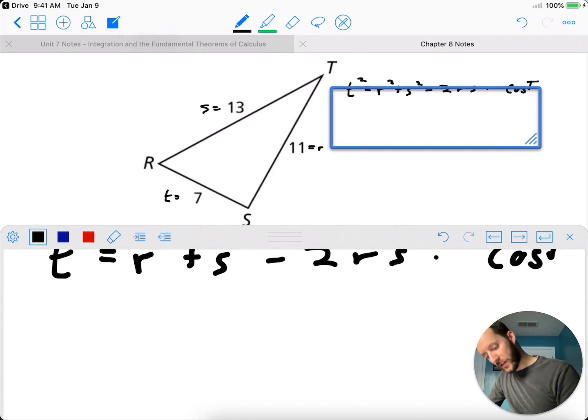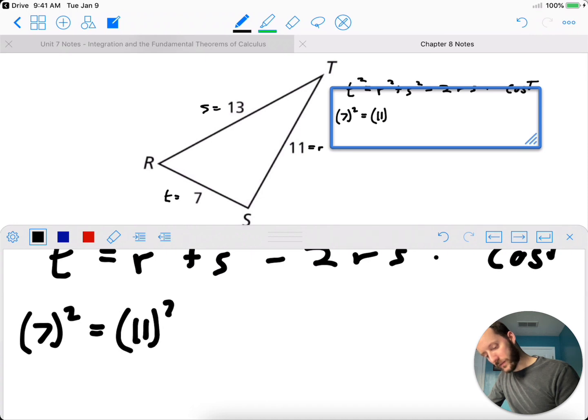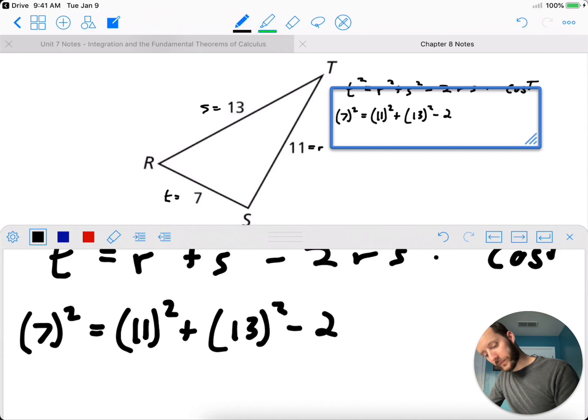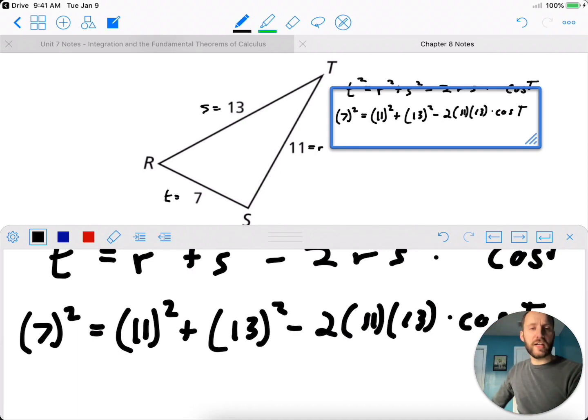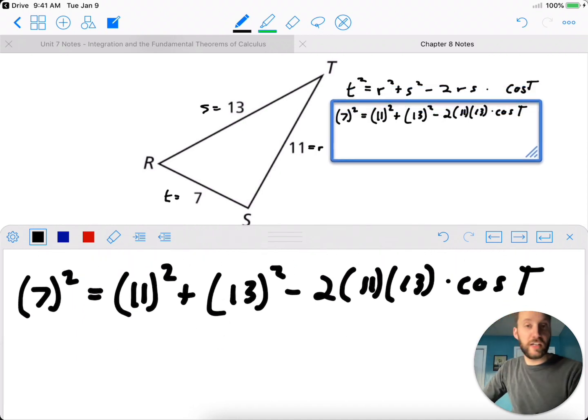So then plug in everything. t is 7. R is 11, S is 13, R is 11, S is 13, times cosine T. And you've got to solve for angle T, that measure.